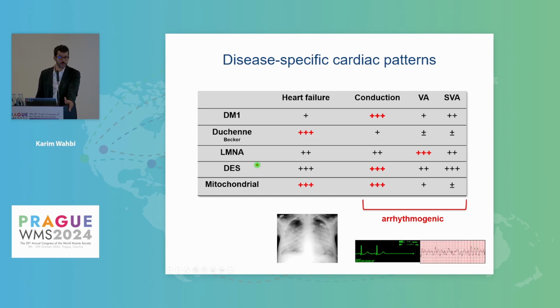What makes the management of neuromuscular cardiomyopathies really complex is the fact that you have very different patterns from one condition to another. There are some groups. I will try to present you some specific patterns with some specific management, but globally you have a huge diversity.